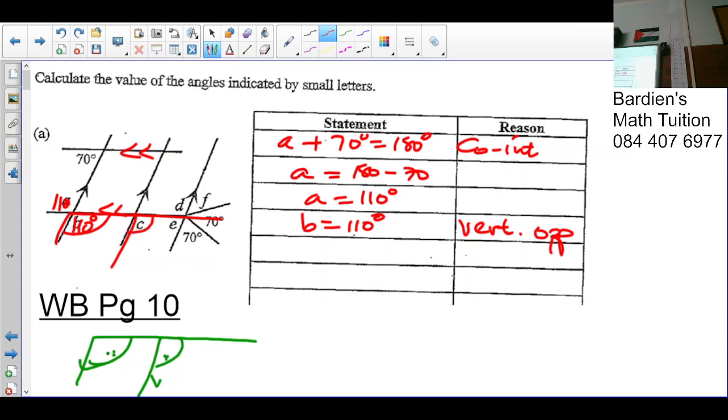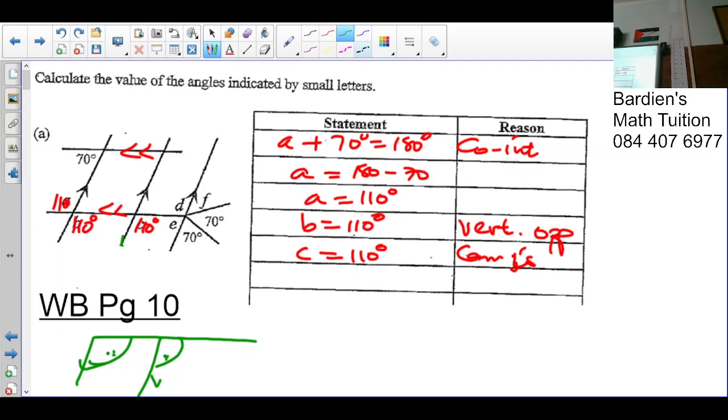So the corresponding angles are equal. So you're saying C is equal to 110 degrees, corresponding angles. Okay, there's no names on the lines, so I leave it like that. So it's 110. E is equal to 70. Why? Co-interior angles.